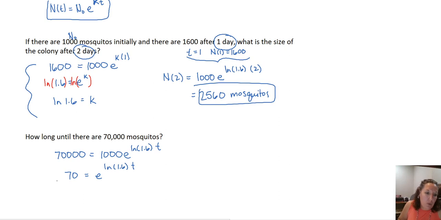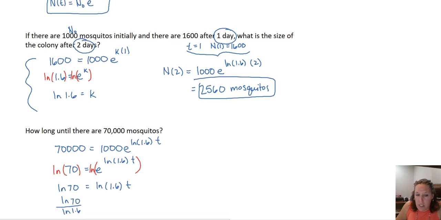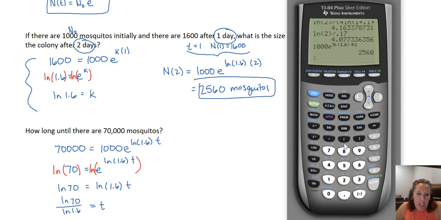And we can take the natural log of both sides. That's going to give us the natural log of 70 on the left, and the natural log of the exponential base e is going to simplify to just that exponent. And so we get the natural log of 70 over the natural log of 1.6 is going to be our time frame.